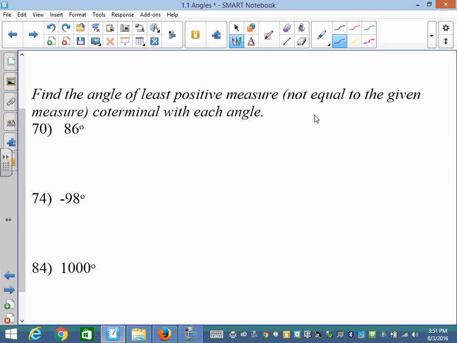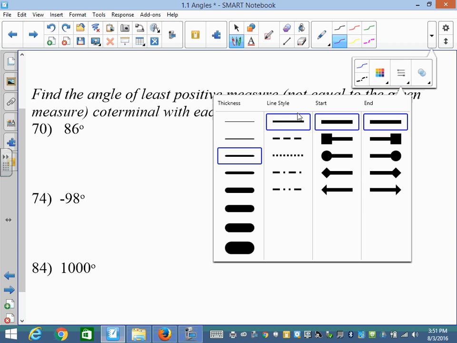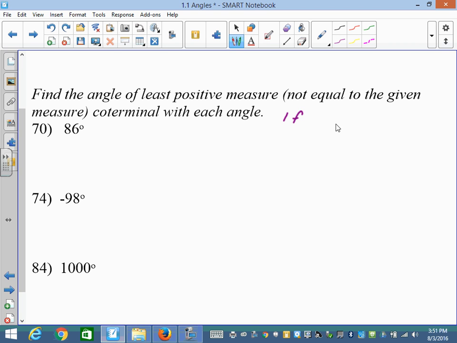So if you are between 0 and 360, just add 360.